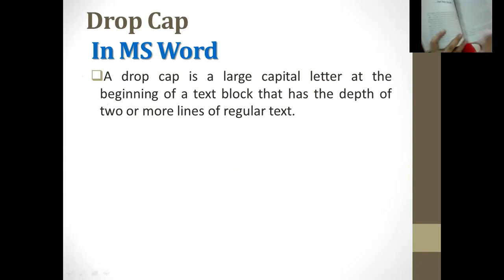Regular text means the lines that are normally used. The entire book is printed in this way, but the beginning of the text is covering the 3 to 4 lines under it, giving this word as output, that is S. So this is what the drop cap actually means.